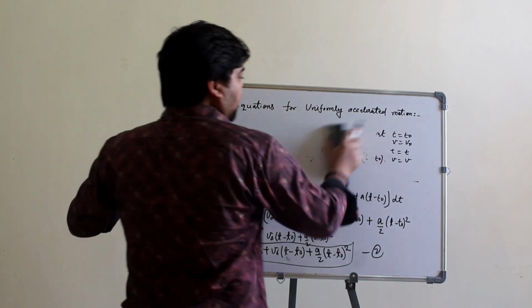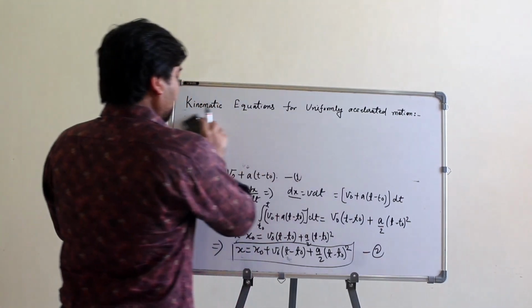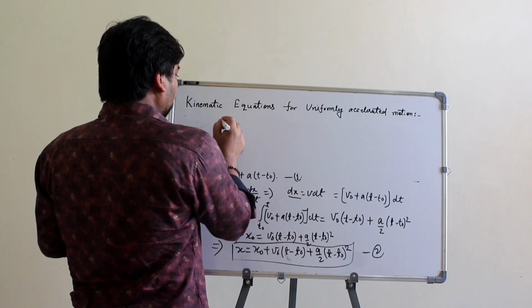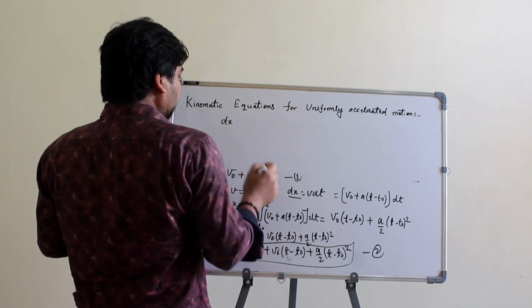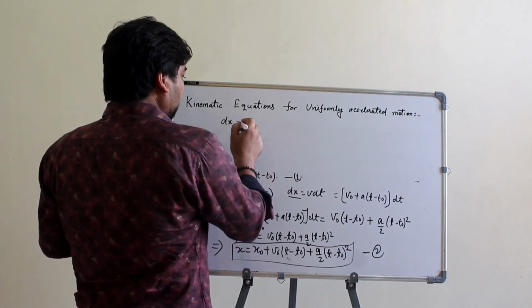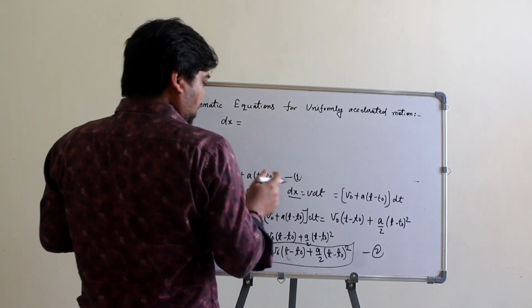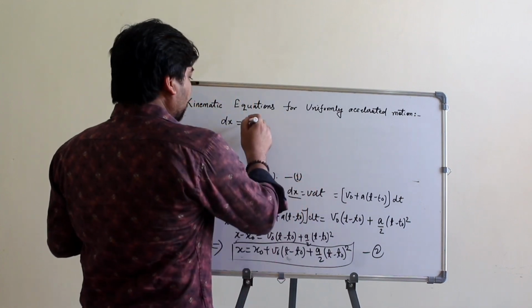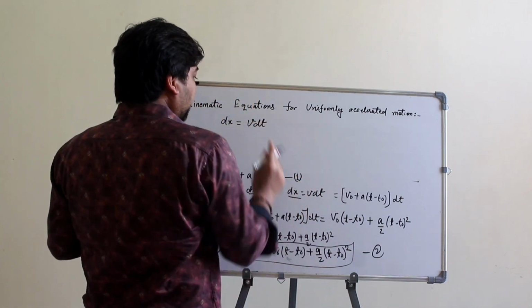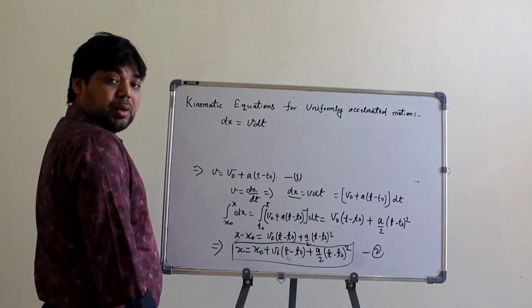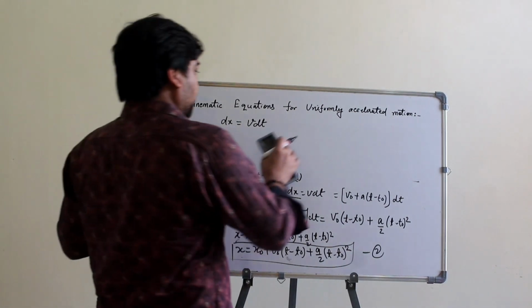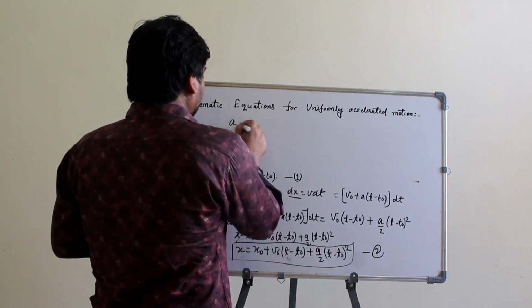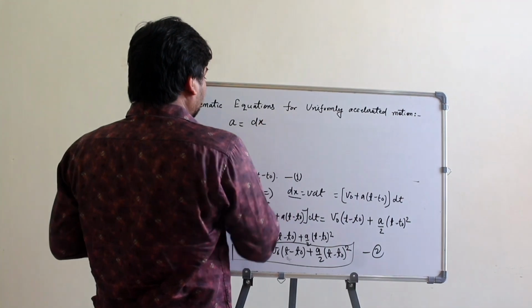So how can we derive equation number 3? Acceleration is defined as dv by dt.